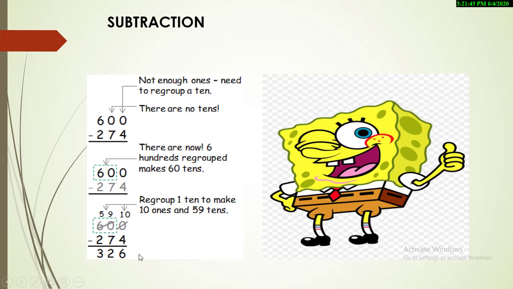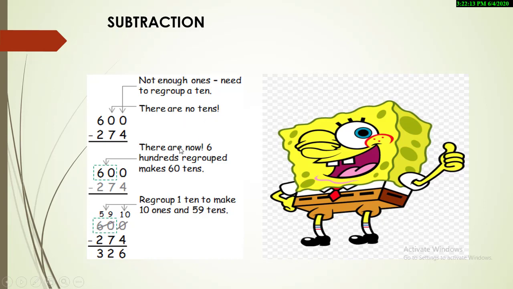So let's move to our workbook pages and explanation part, but don't forget to sing the song. And all the words which are written over here are explanation words which tell you that 0 is not enough ones and it needs to regroup with tens. 10 is the number which is next to it, but there are no tens. There are no tens that can help you.